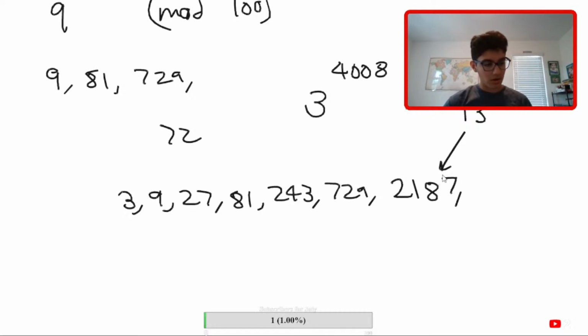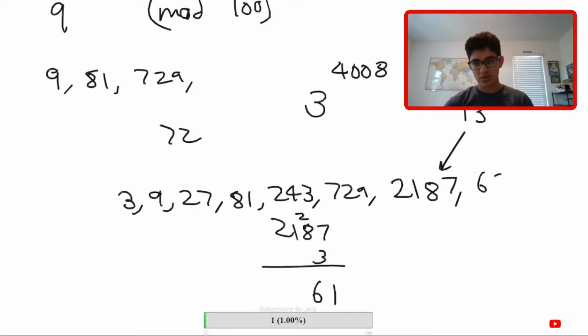We wanted mod 100, so it's not easy. Let's do one more here. 2187 times 3 is 6561 or whatever.